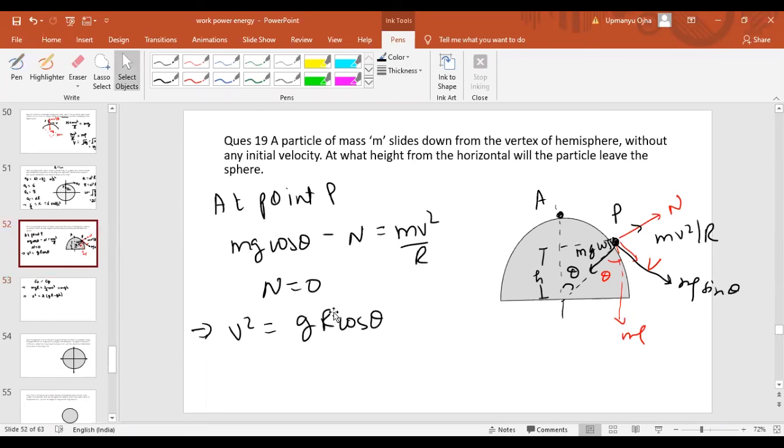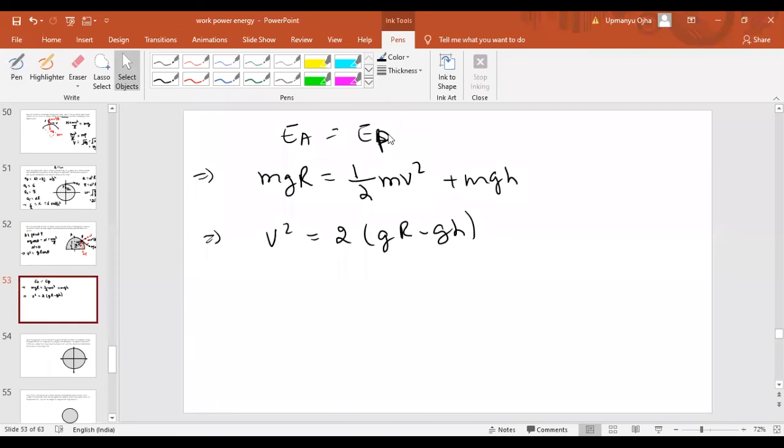Now v square value we know, that is rg cos theta. So rg cos theta must be equal to 2g, we can take common, r minus h. So g and g will get cancelled out.